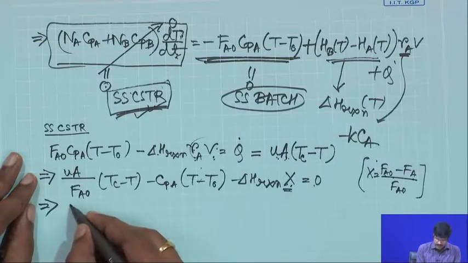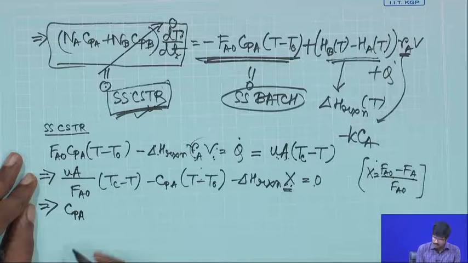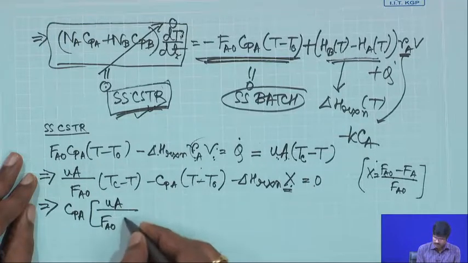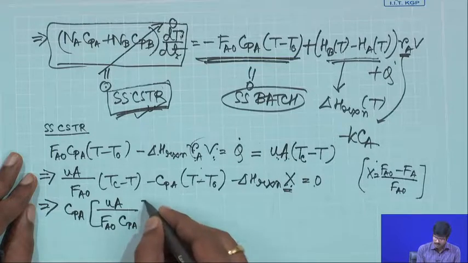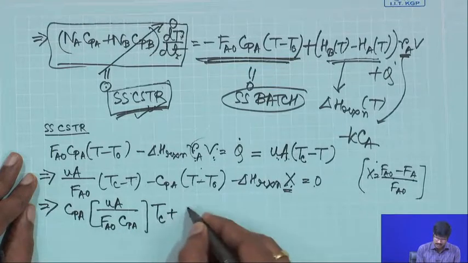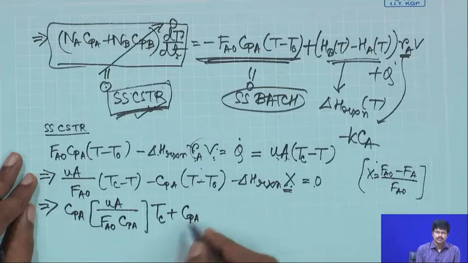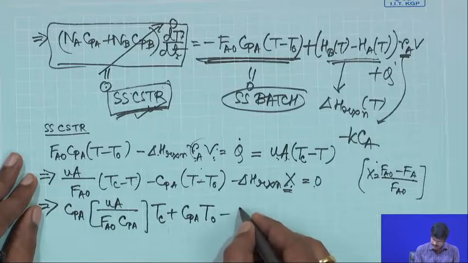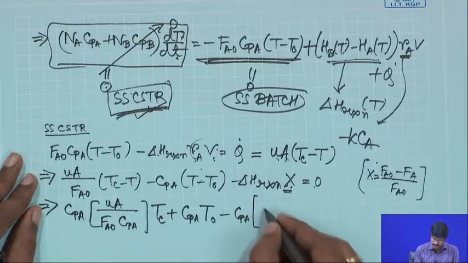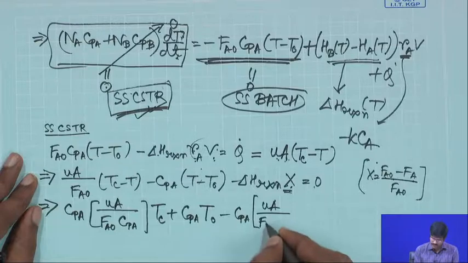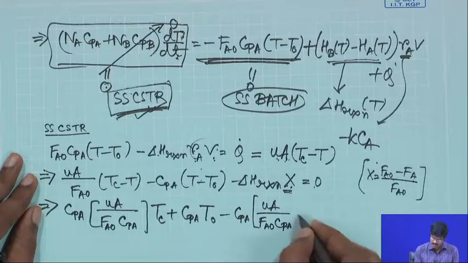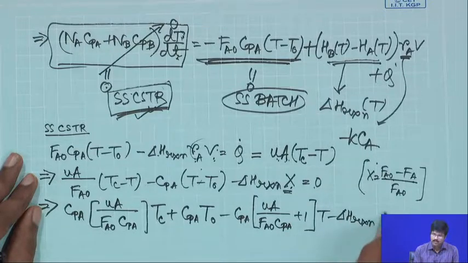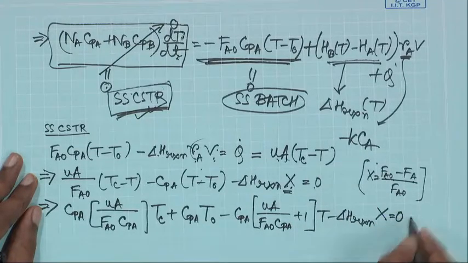So, this can be rearranged like this: Cpa into UA divided by Fa0 Cpa into Tc plus Cpa into T0, minus Cpa into (UA by Fa0 Cpa plus 1) into T, minus delta H reaction into X equals 0.